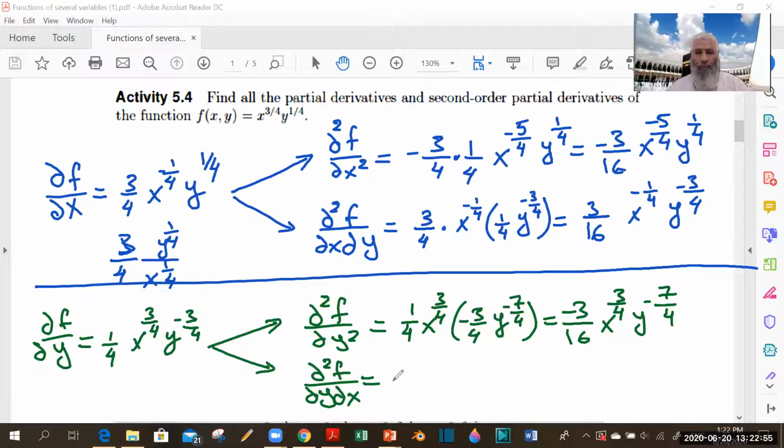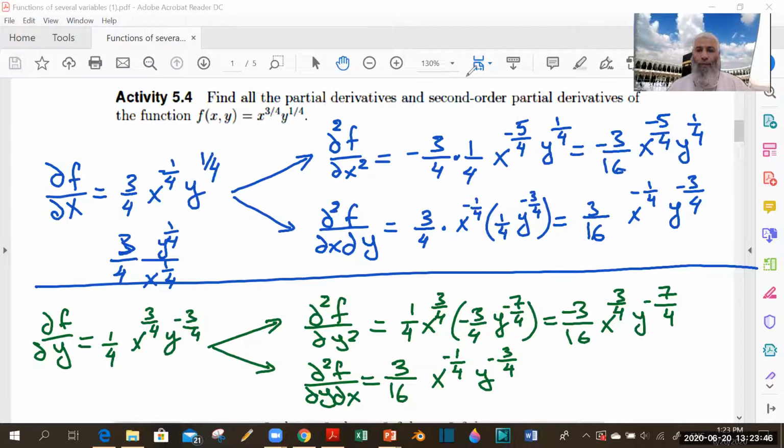Now the second one, with respect to x. Here we can write 3 over 16, x to the power negative 1 over 4, multiplied by y to the power negative 3 over 4.